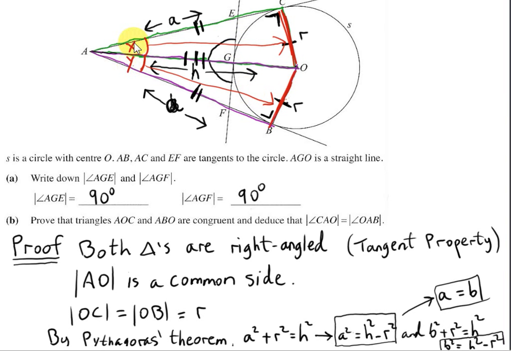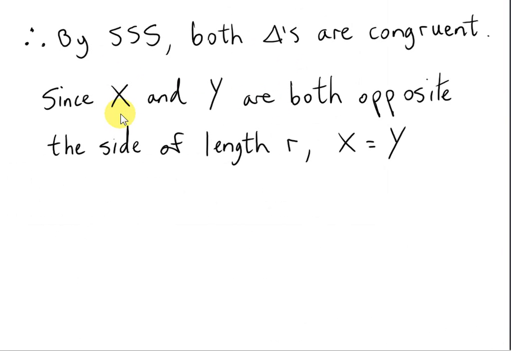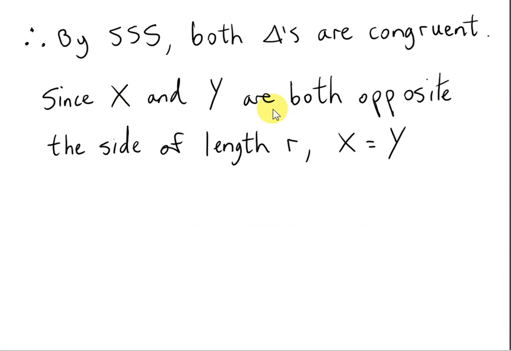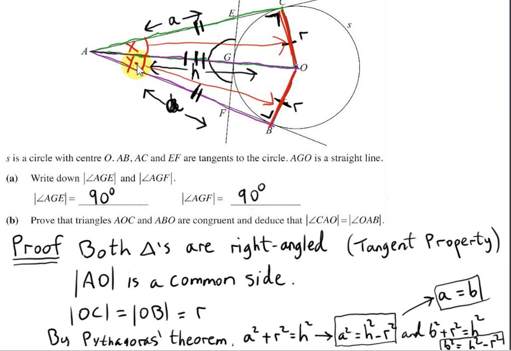So that means that these two angles are equal angles in the congruent triangles. So I'm going to call the angles X and Y. You can revert to calling them CAO and OAB if you like, it doesn't matter. Since X and Y are both opposite the side of length r in both triangles, and since both triangles are congruent, we conclude that angle X equals angle Y. So these two are equal angles in the congruent triangles.